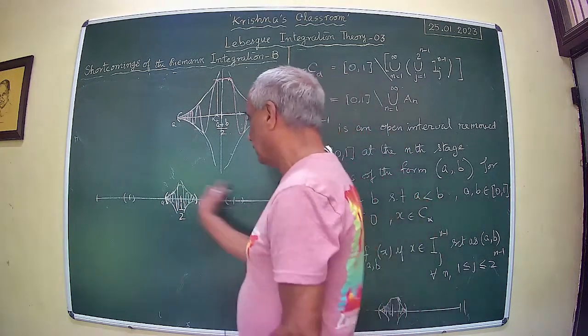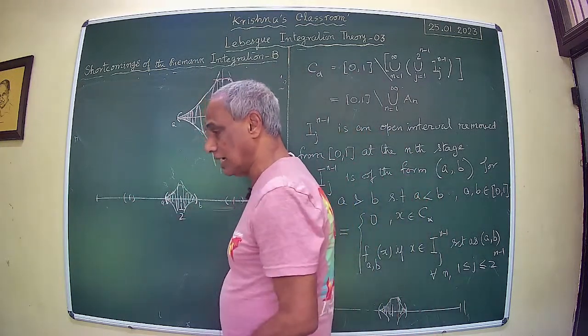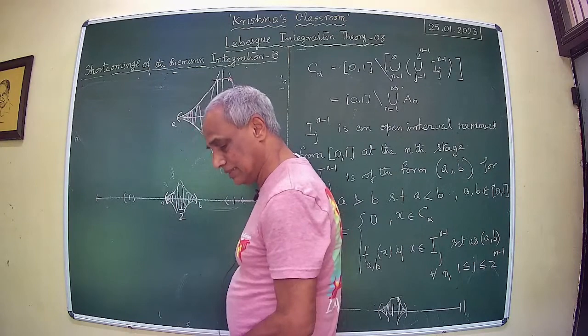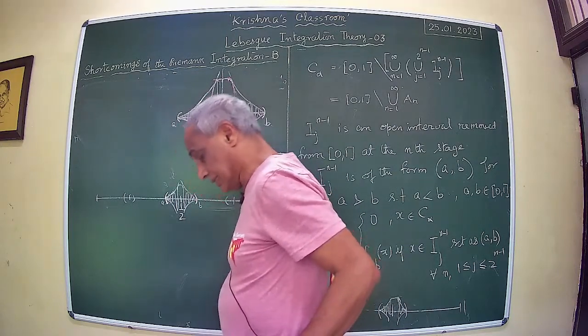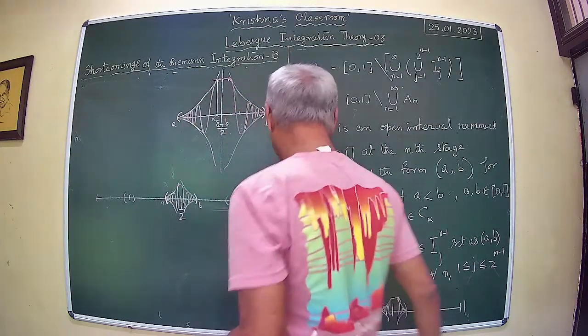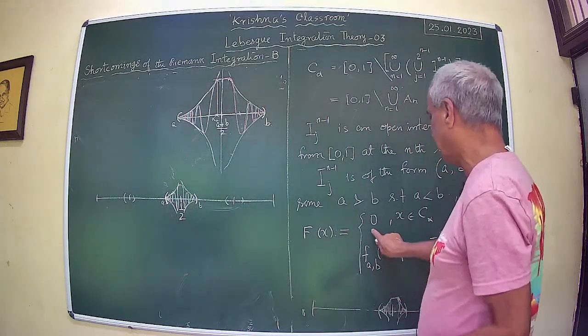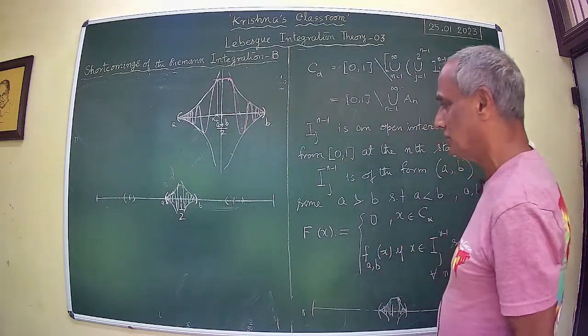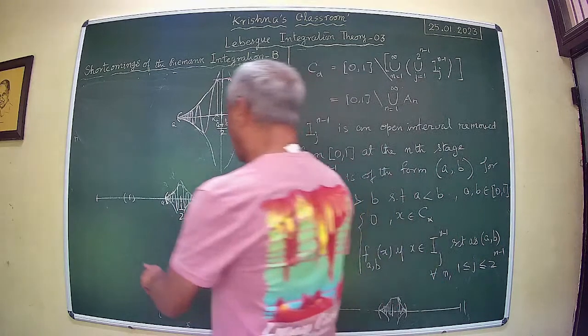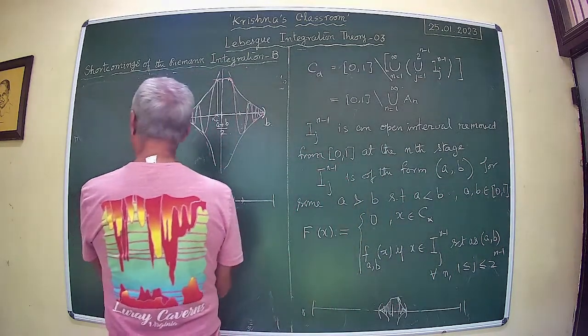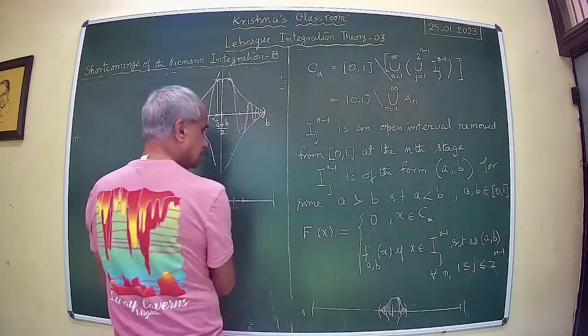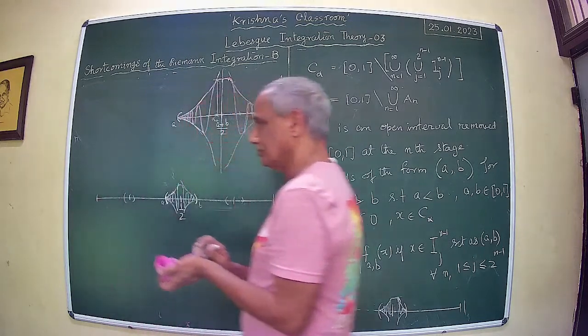So it will cover all the portions other than the points in the Cantor set. And at the points in the Cantor set, we set the function to be equal to 0. Now you see that all these end points are going to be in the Cantor set, and there the function is equal to 0. Okay.